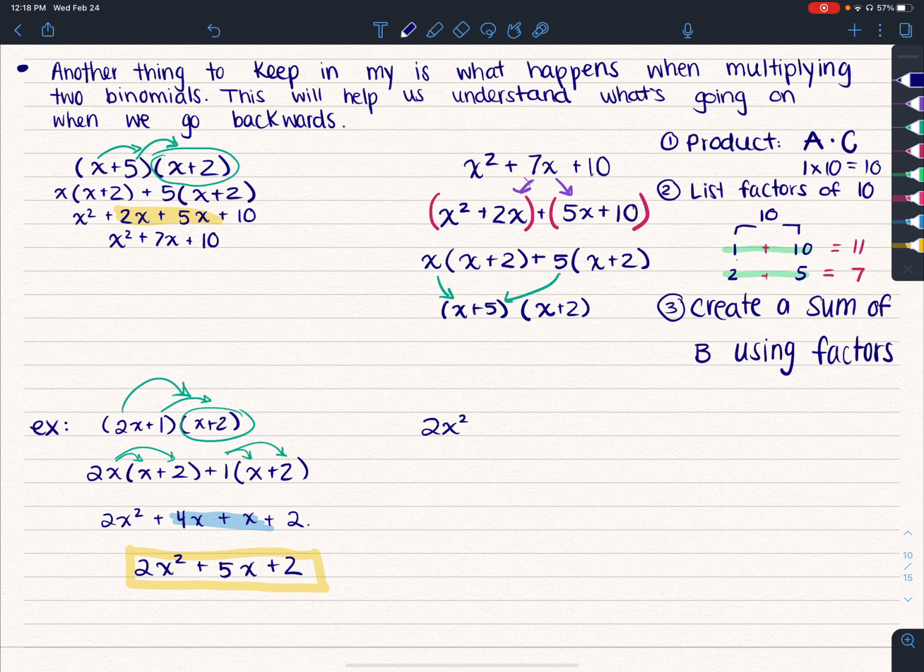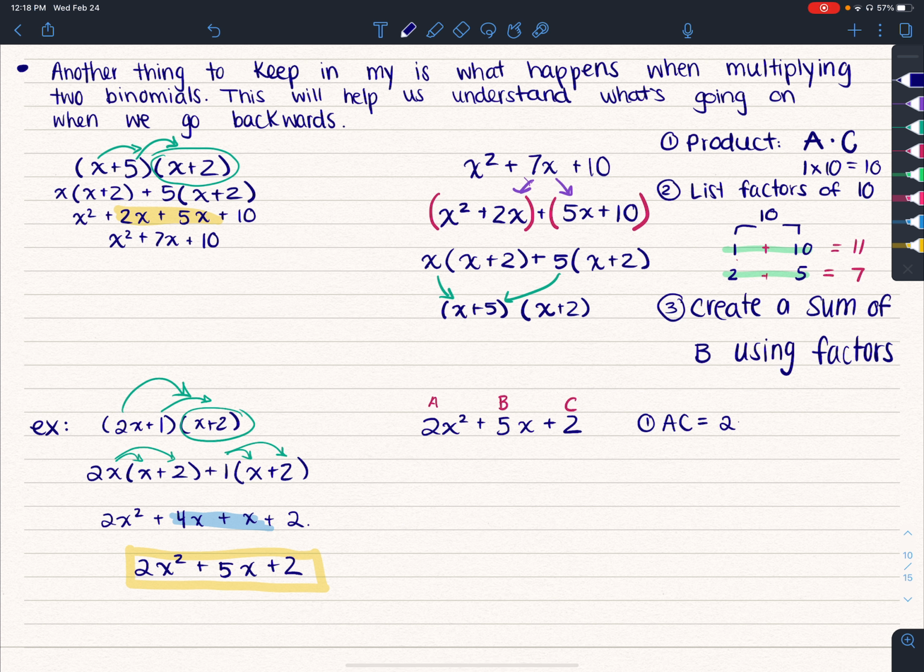So we have our trinomial, 2x squared plus 5x plus 2. We'll label 2 as A, 5 is B, and 2 is C. So first step is we want to find the product of AC.